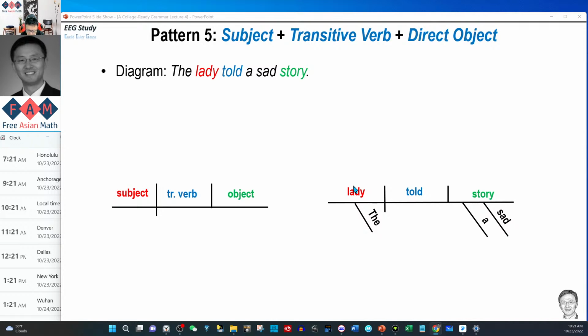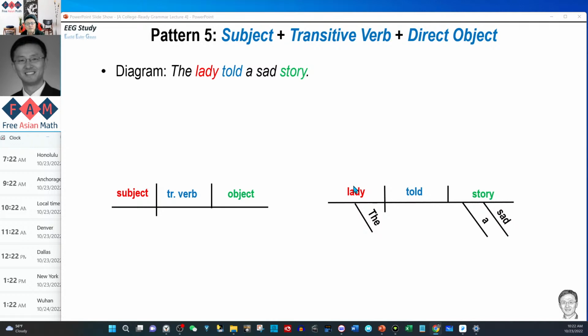It's very important to understand this is the most important simple sentence pattern. We know simple sentences are the building blocks for more complicated sentences, compound or complex or compound-complex sentences. But simple sentences are the thing that you really want to spend time to study.